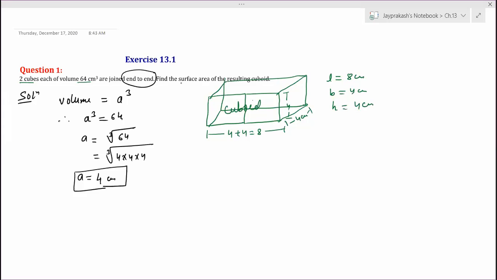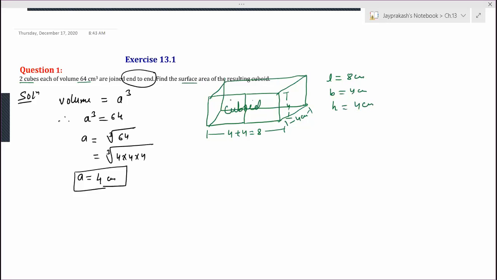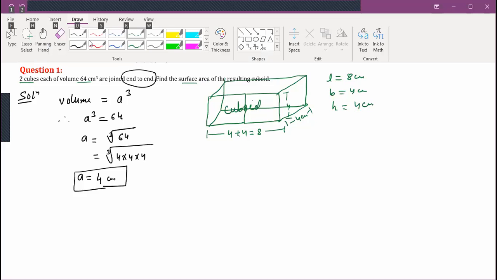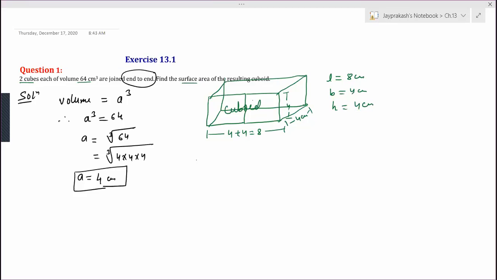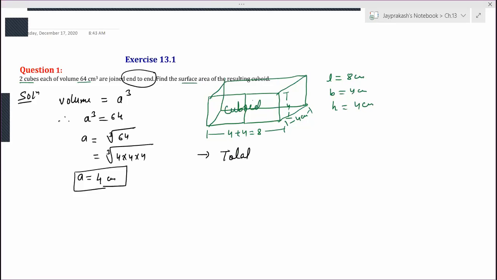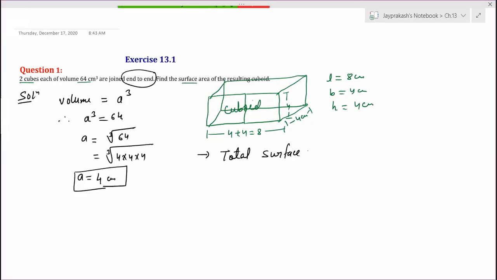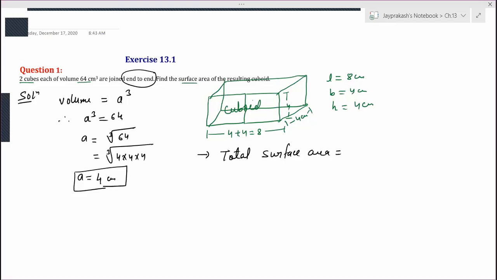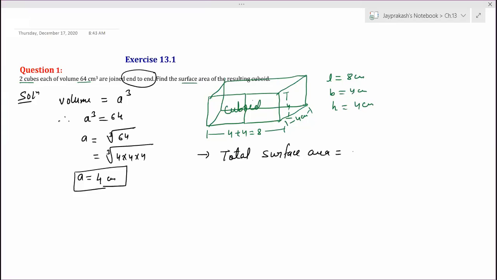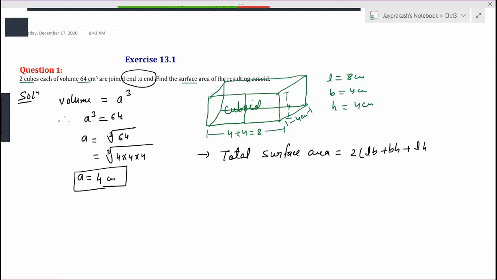Now we have to find the surface area of the resultant cuboid. So that means we have to find the total surface area of the cuboid. So we'll write here, total surface area equals twice (LB + BH + LH).